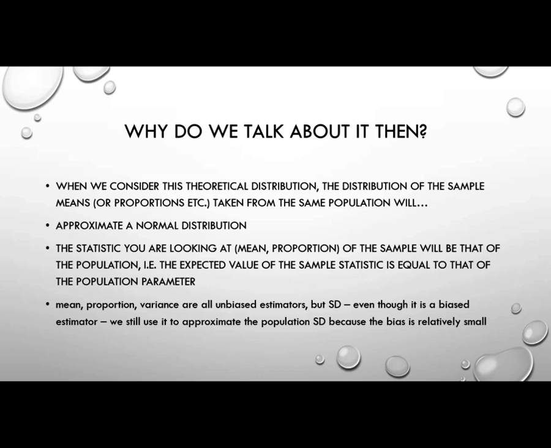For example, the expected value of the sample statistic is equal to that of the population parameter. So what this means is that if we have a big enough sample, we can use the mean of that sample and say it approximates the population from which it was drawn.